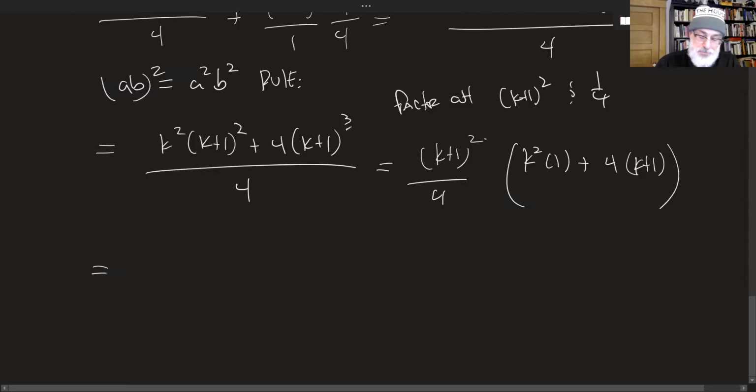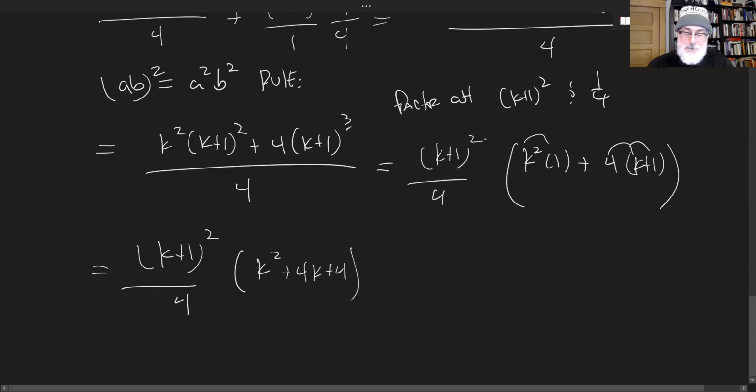So let's continue. (k plus 1) squared divided by 4. And let's distribute the 4 through this binomial. So we're left with k squared plus 4k plus 4. Now, we could factor this.